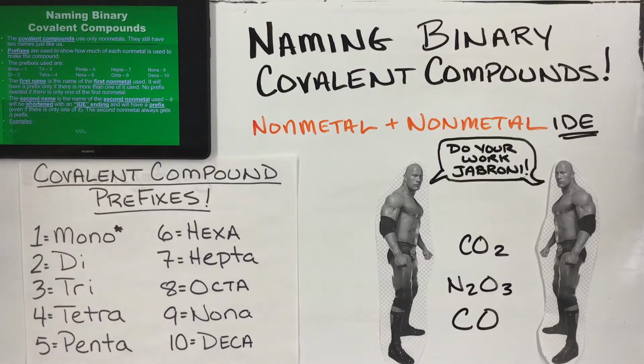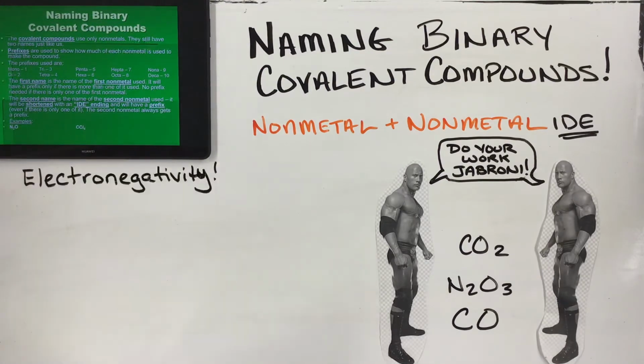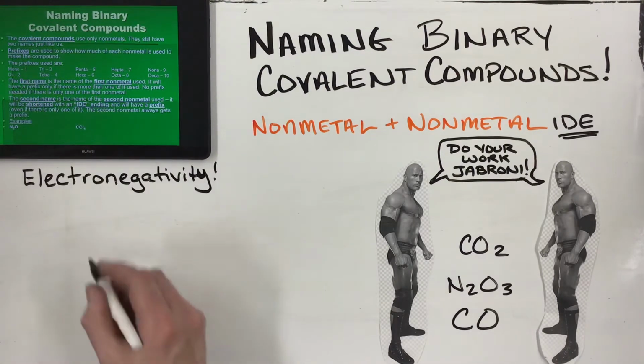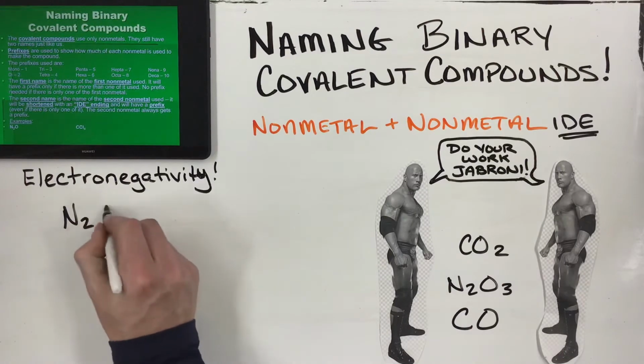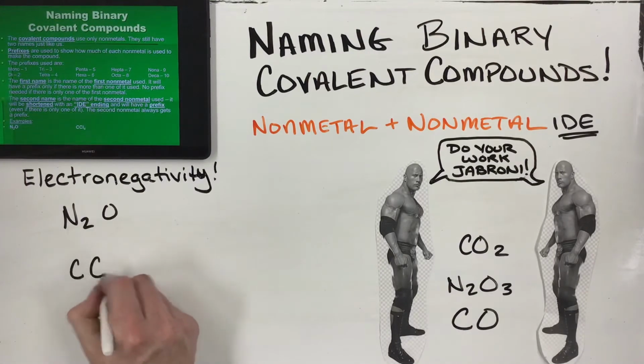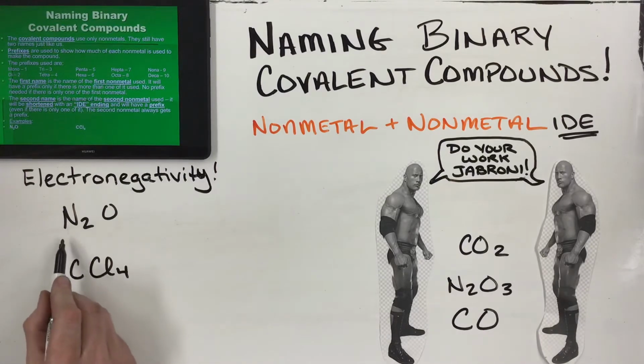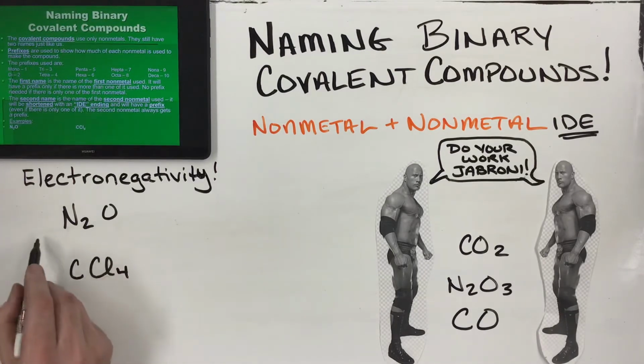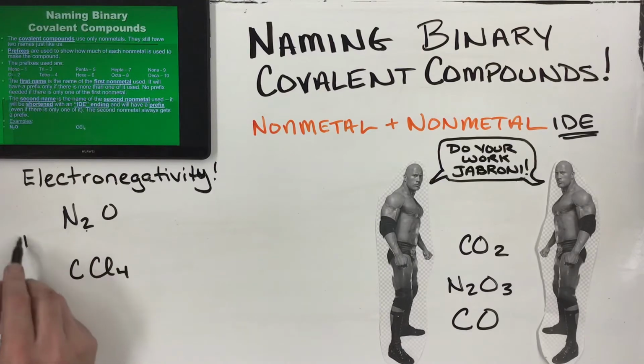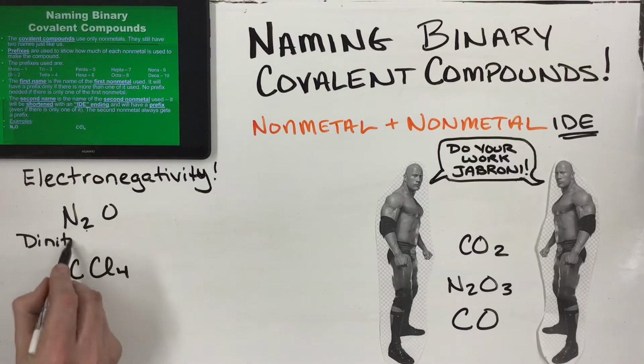So let's do a couple of examples here. We've got N2O and CCl4. The first one here, N2O, I see 2, so it's di nitrogen.